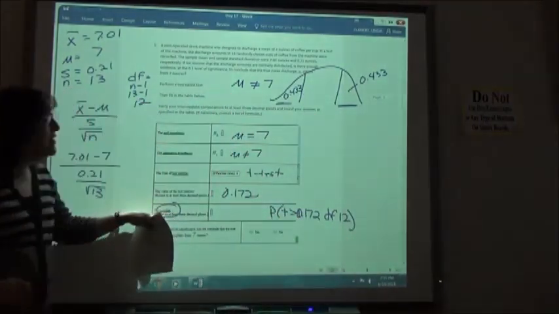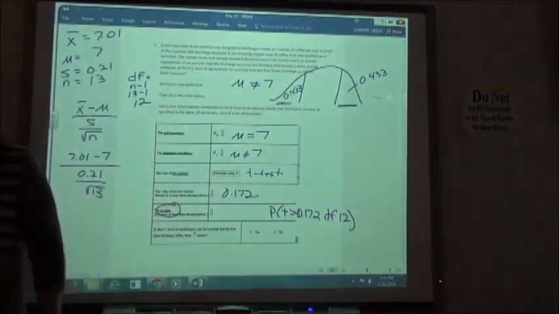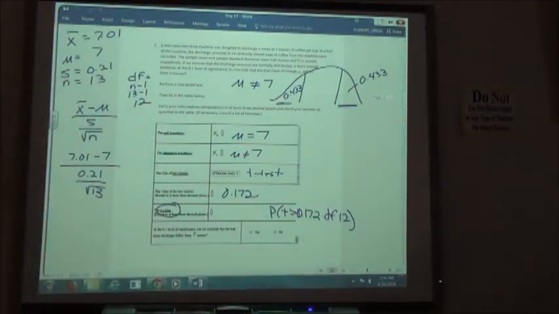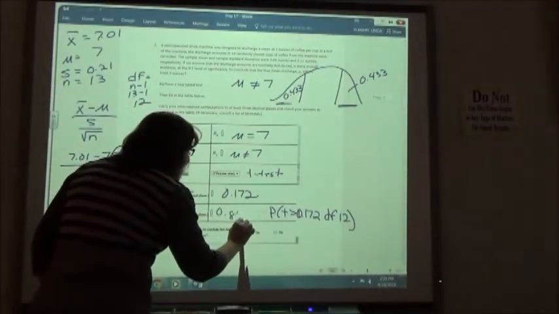So when you write down what is the p-value, you're going to add these two things together, or you could just multiply by 2 because it's the same number, because I got the same number on both ends, right? So if I multiply that by 2, I'd have 0.866.